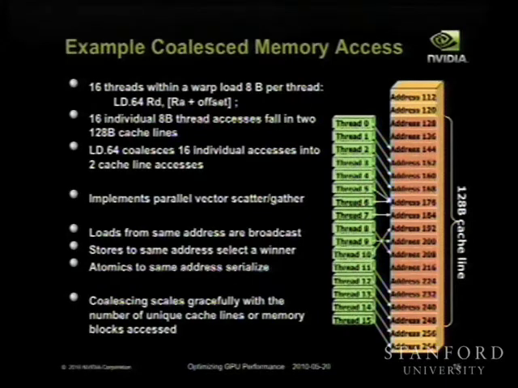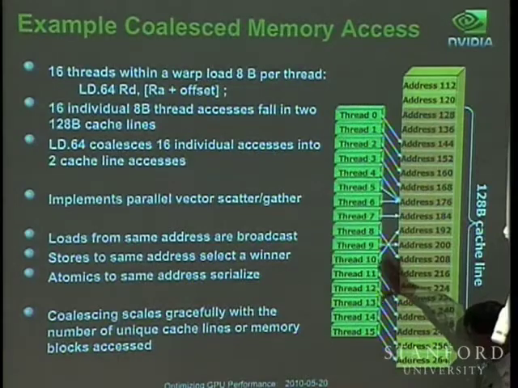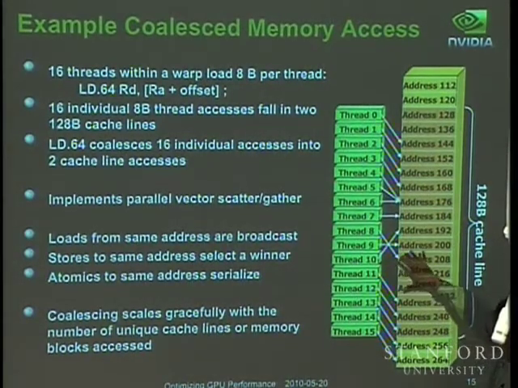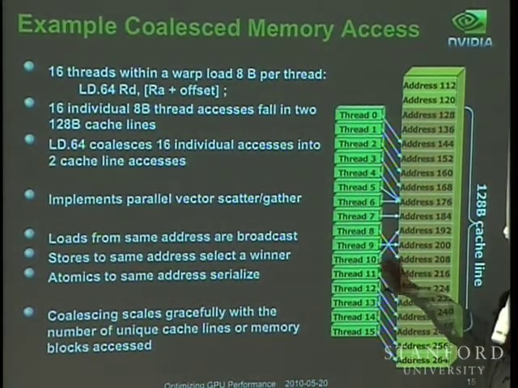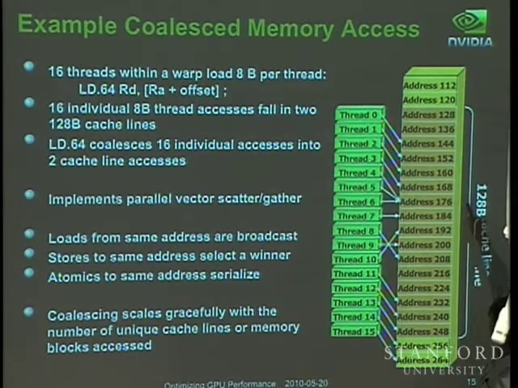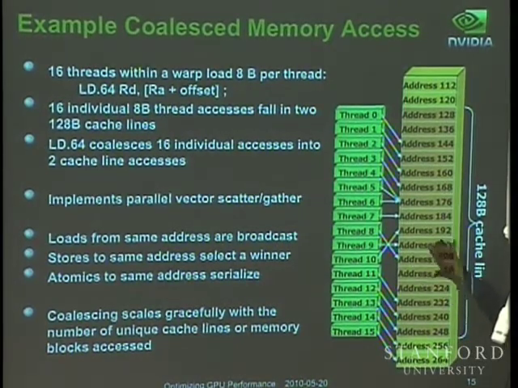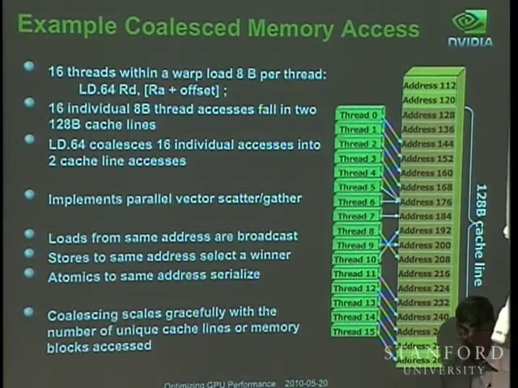So here's a more messy version, but similar. You can see here I've just drawn 16 threads, but it works for all 32 threads in the warp. Here's one cache line of 128 bytes, and there's a second cache line of 128 bytes that starts here in the yellow and goes down. This coalesces most of the addresses into the first cache line, and then there's 2 addresses which fall into the second cache line, so we get 2 sequential cache line accesses.